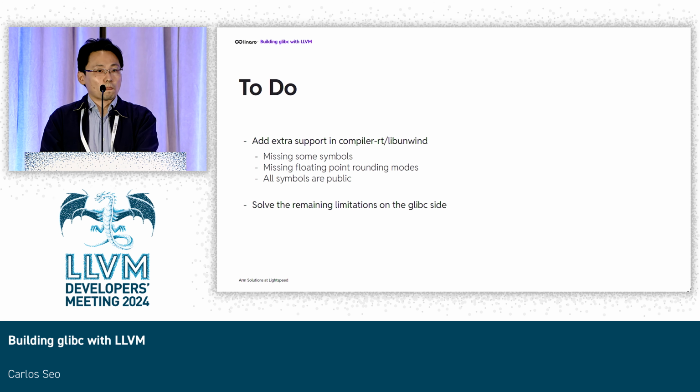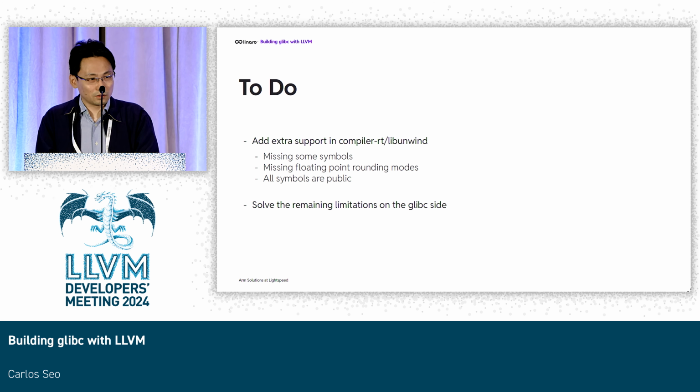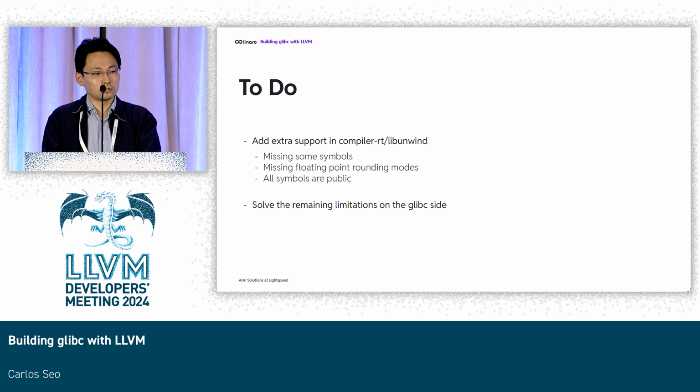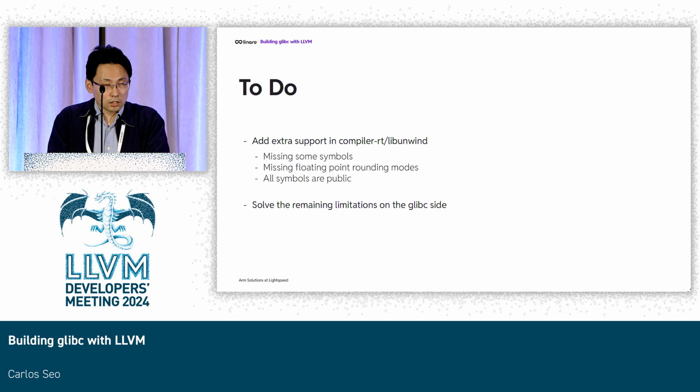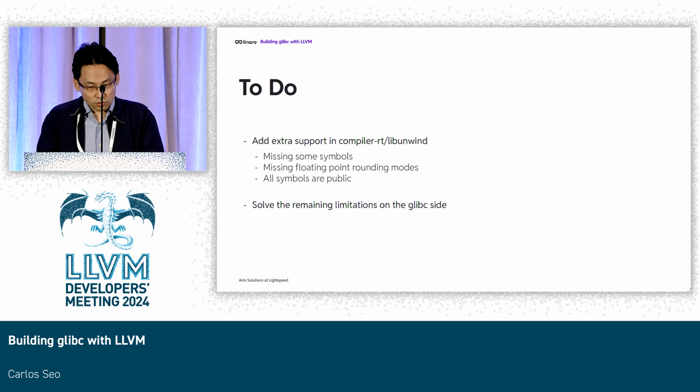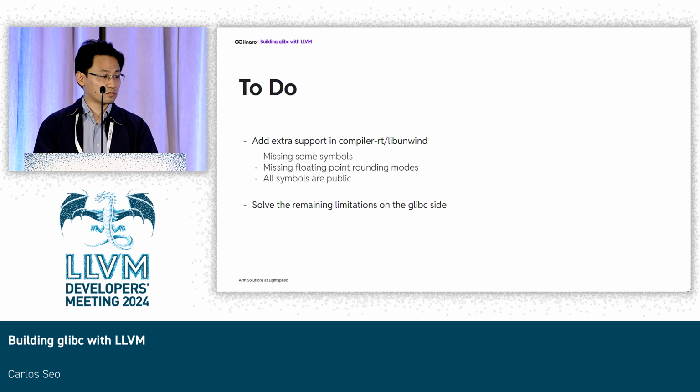And with that, there are a lot of things that need to be done. Besides all the work that needs to be done on the glibc side, on the LLVM side we need to add a lot of extra support in compiler-rt and libunwind. glibc relies on libgcc for a lot of things like thread cancellation, unwinding, and software floating point.